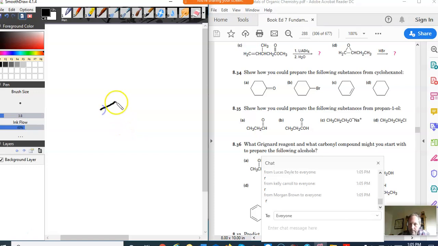Okay, so the first one is cyclohexanol. I'll do this. To get to the ketone, we are oxidizing. Since it's secondary, you can use any of the oxidizing agents.